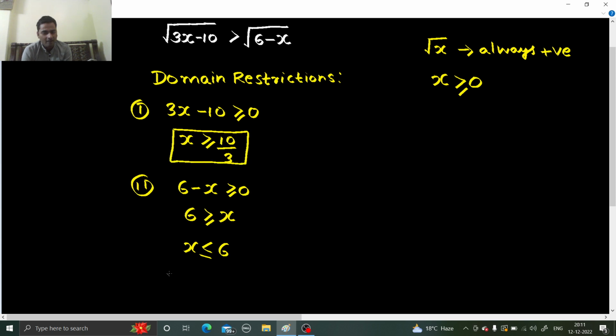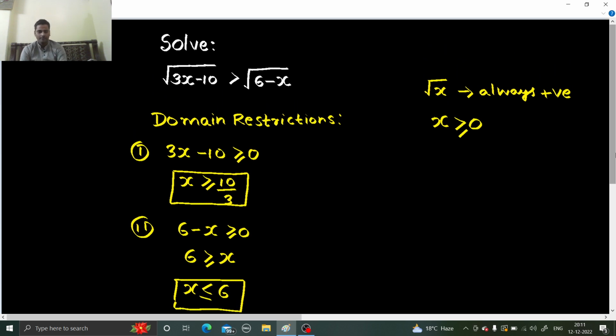We'll take care of these 2 points while representing our final answer. Now coming back to our problem, because I told you that the root will give you a positive thing, the LHS is surely positive and the RHS is also positive.